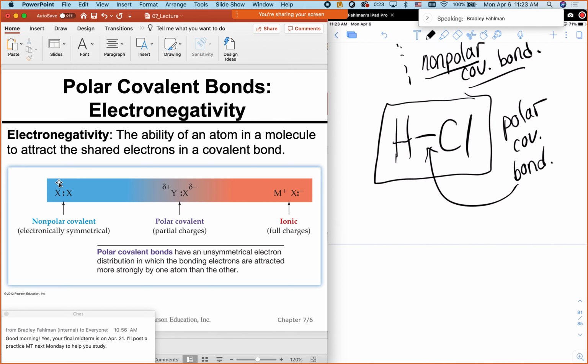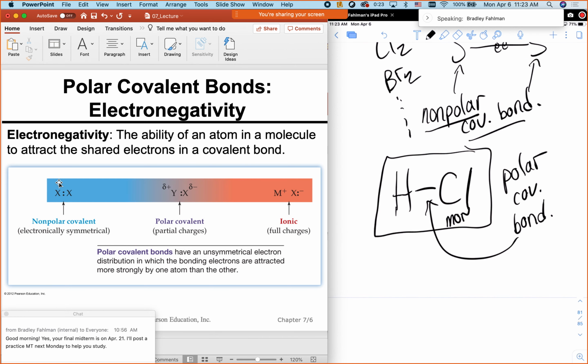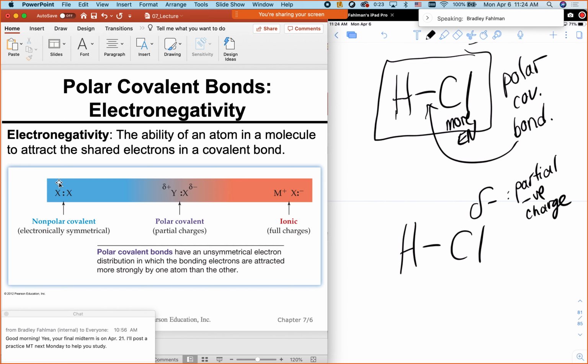We can indicate that two different ways. This is more electronegative, so we can say that the right end of the molecule is going to have a partial negative charge. It's not okay to just say negative, because it's not ionic. It doesn't carry a full negative charge.